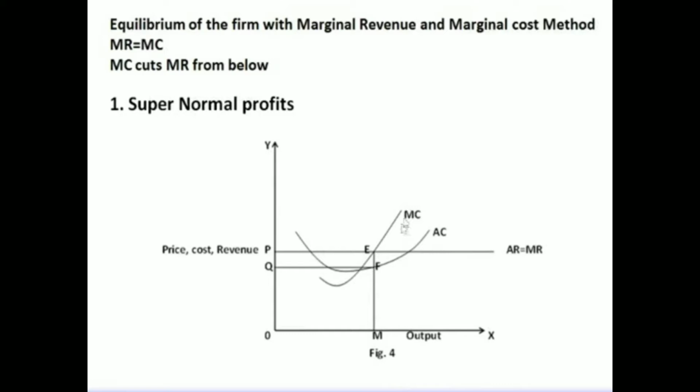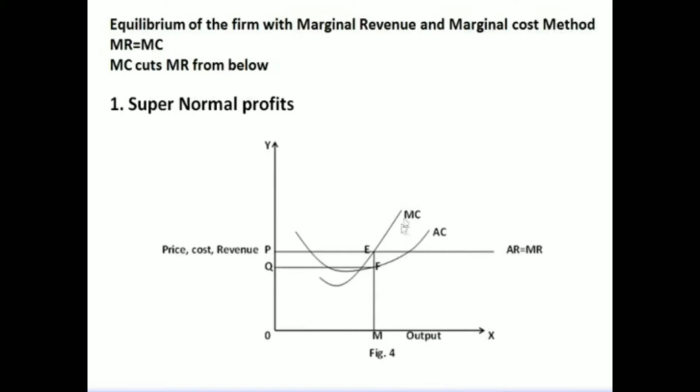Cost and revenue are expressed both in average and marginal terms: AC, MC, AR and MR. Price is equal to AR, and in perfect competition we know AR is equal to MR. So price is equal to AR is equal to MR. Then about the cost curves, the average cost curve is U-shaped. MC is cutting AC at its minimum point.